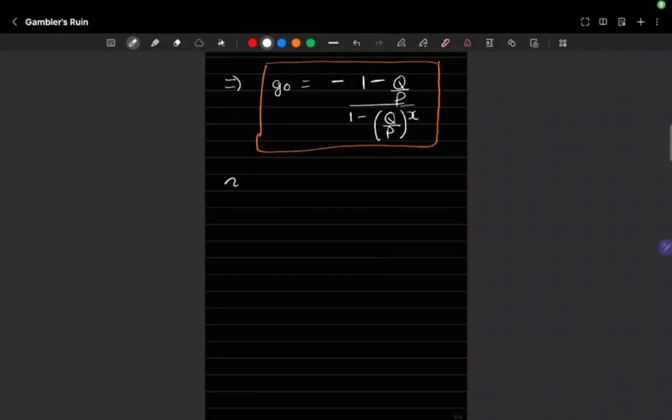As we know, Qx is equal to Q0 plus G0 plus the consecutive values till Gx minus 1. Now we will put the value of G0 that we have derived, also remembering that Q0 was 1.